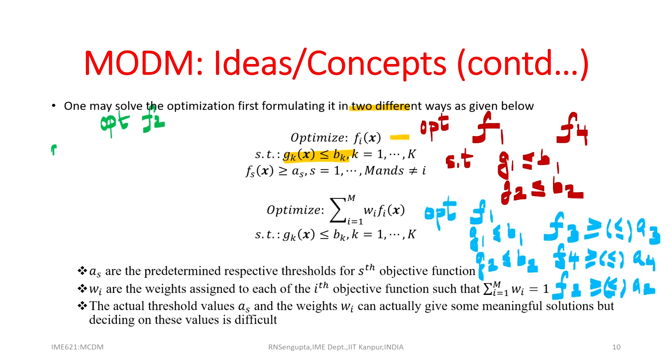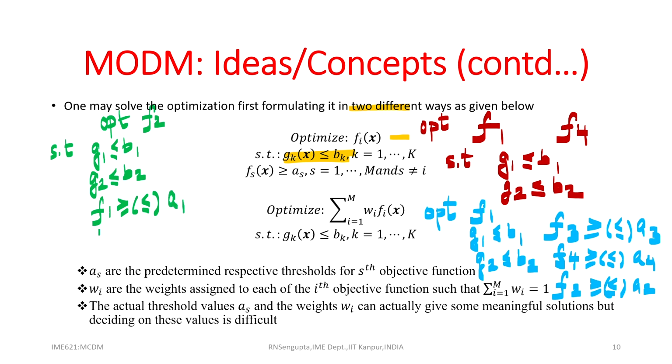Subject to constraints g1, g2 remains, so they will be copied, and now f1, f3 and f4 will come as part and parcel of the constraints. So f1 less than equal to greater than equal to some a1.